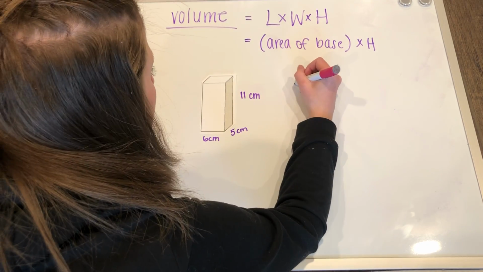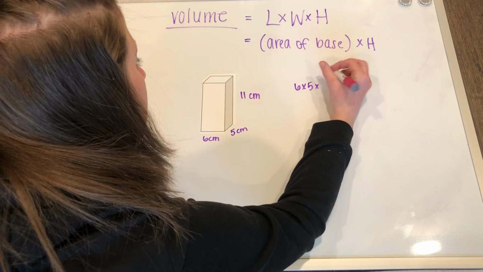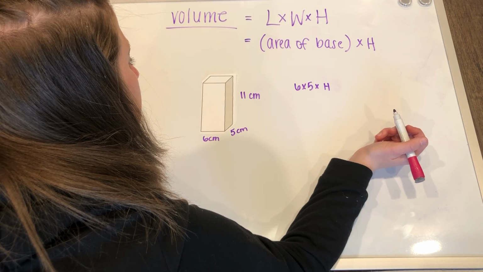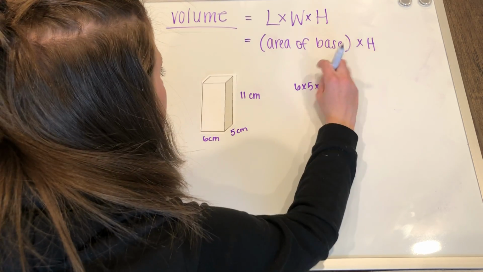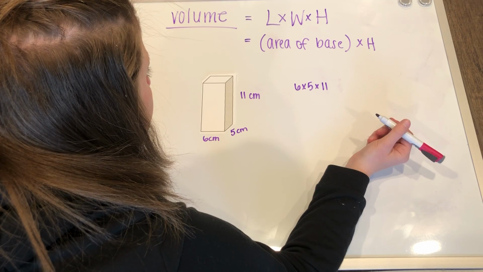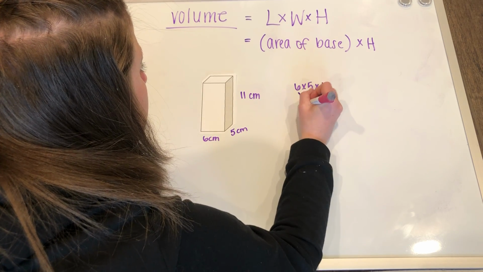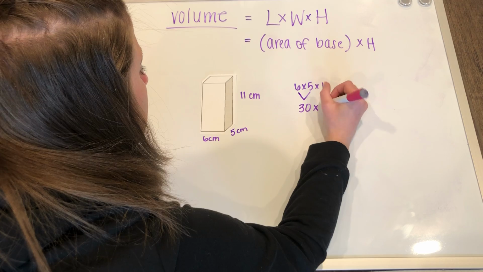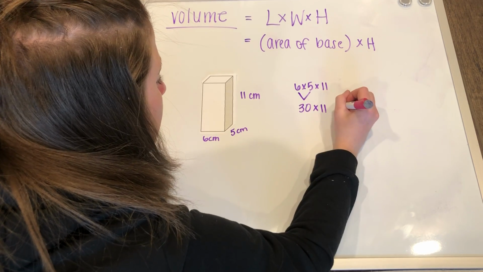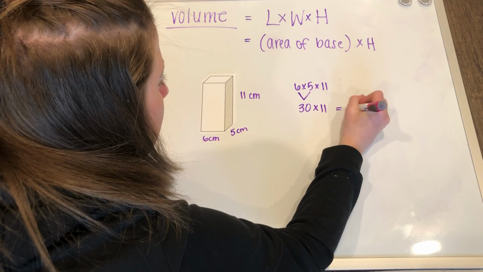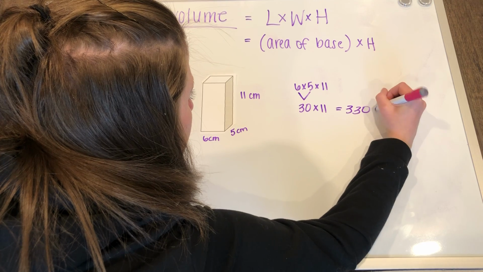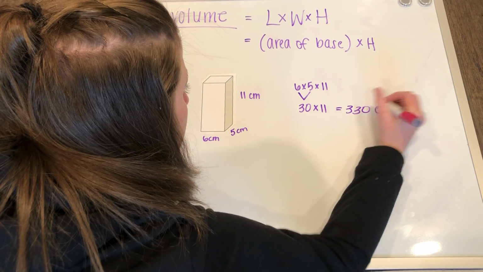So we just multiply length times width times height. Okay. Remember, you can do it in any order that you would like to. 6 times 5 is 30 times 11. I know that if I do 11 times 3, I get 33, and then I'm just going to add a 0. So 330 centimeters cubed, or cubic centimeters.